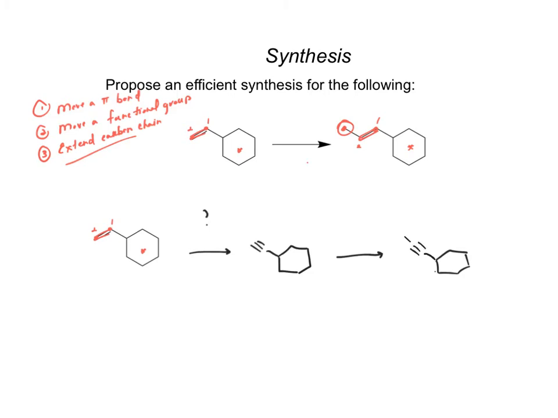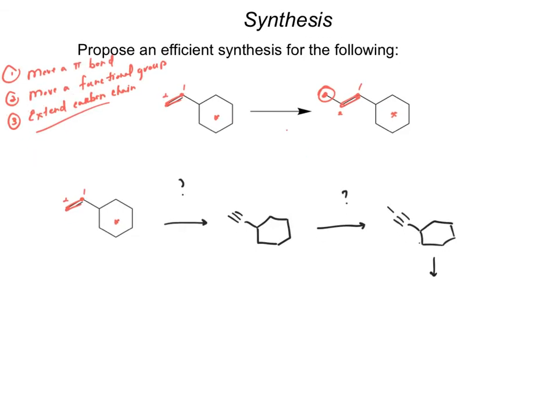There must be a way that we can extend that. And then the last question is, how do I take this carbon-carbon triple bond, this monstrosity that we've created, and turn it back into a very specific alkene? Okay, so for me, this undergoes 3 different types of processes here. How can I take this guy and make this guy? How can I add a carbon to that guy? And then how can I turn that alkyne into an alkene?